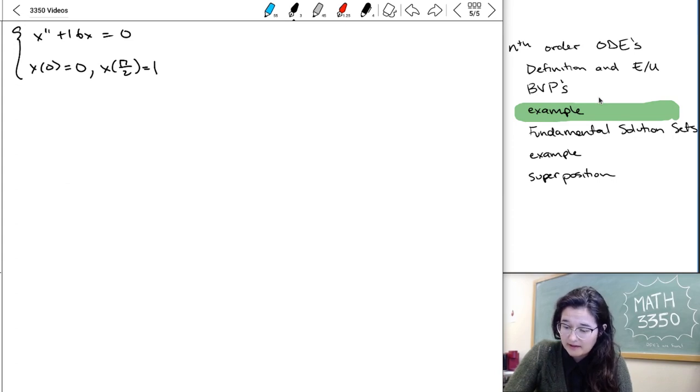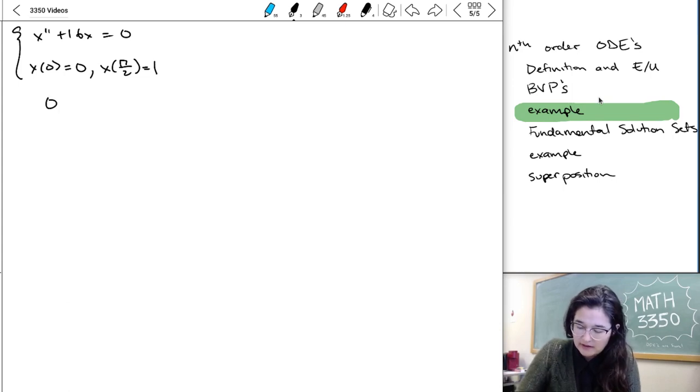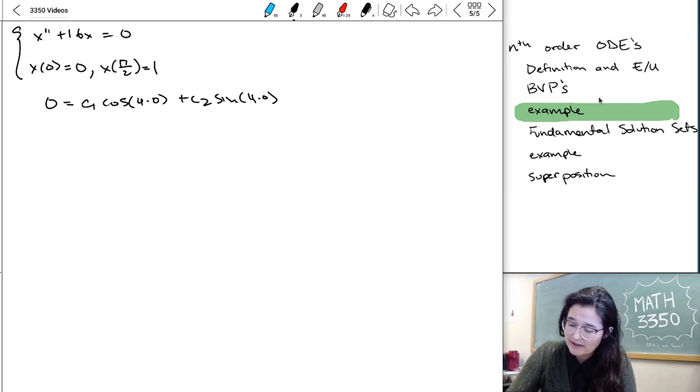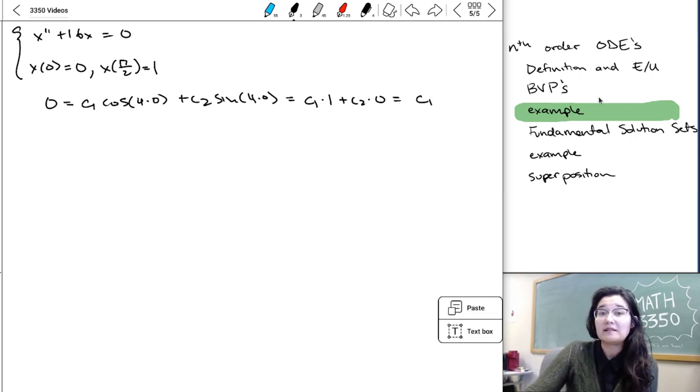In this case, 0 is equal to c1 cosine of 4 times 0 plus c2 sine of 4 times 0. We've never changed this condition. It's just c1 times 1 plus c2 times 0 gives us c1. So we still need c1 equal to 0.